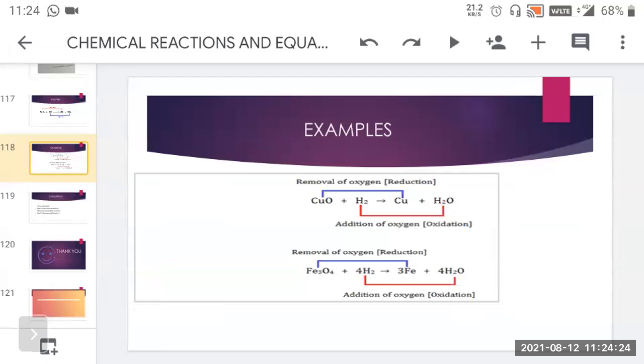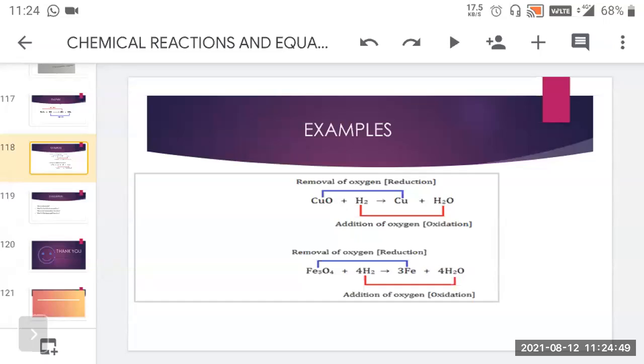It is not replacing, it is not taking another element towards itself and giving its oxygen. It is totally removing the oxygen. And wherever removal of oxygen takes place, reduction appears. So here removal of oxygen takes place, so reduction of CuO to Cu takes place on the product side.